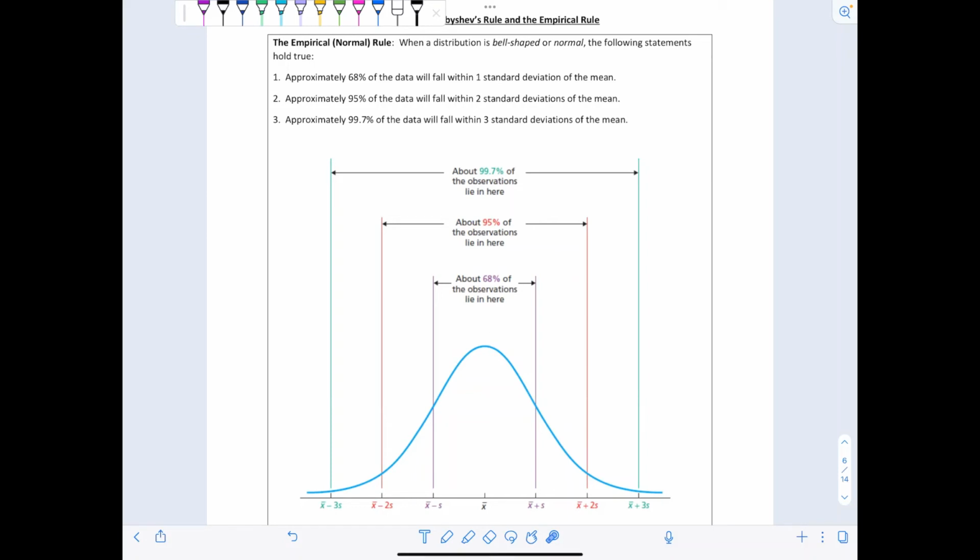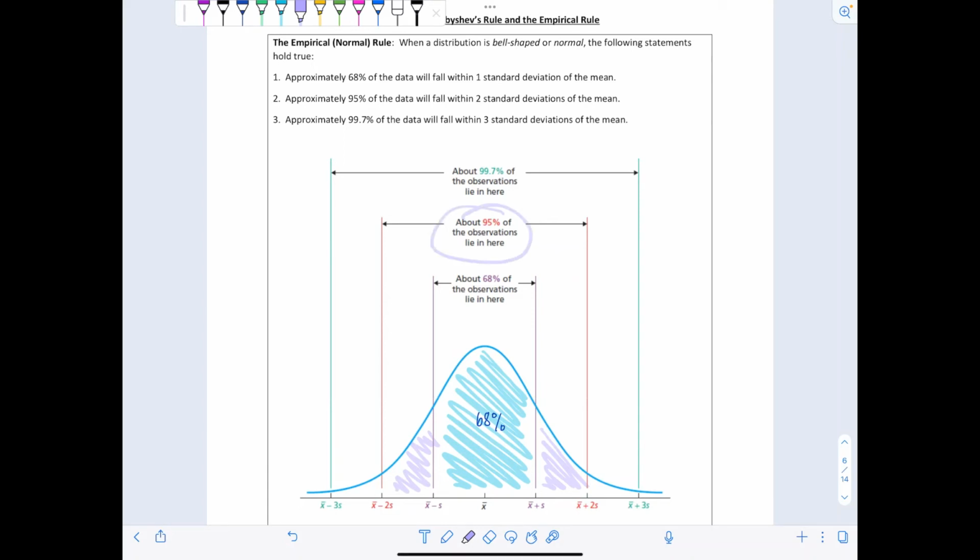And the standard deviation s, if I add that to the mean, subtract that from the mean, that equates to 68% of the data lies in here. So 68% is right here within 1 standard deviation. If I extend that to 2 standard deviations, okay, now we have 95% of the data within that range of values.